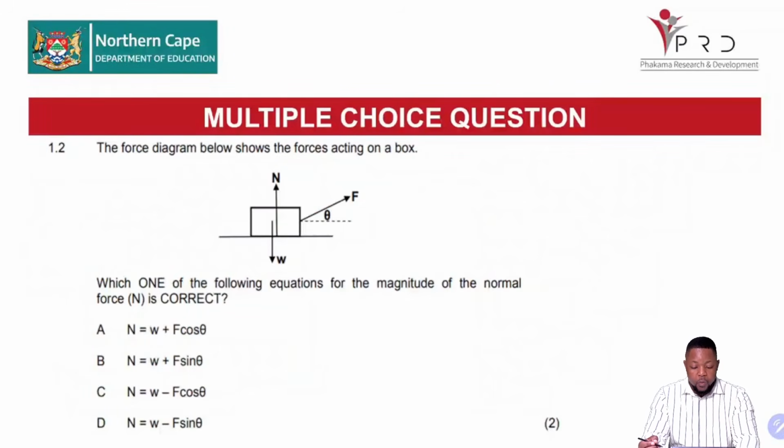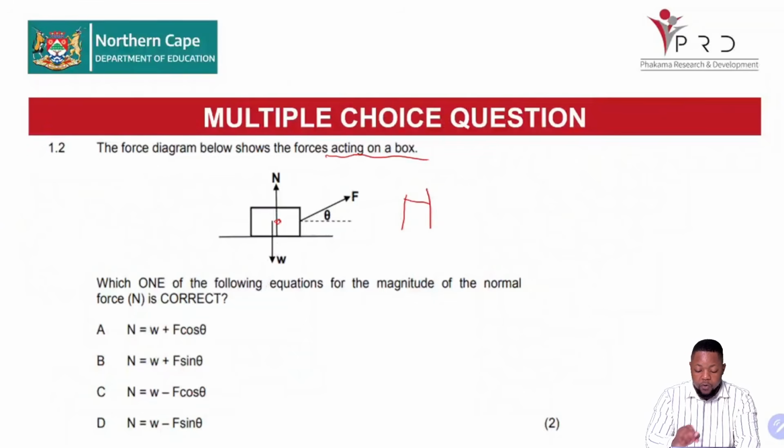Now, what are the multiple choice questions that we can expect in Newton's laws? Let's look at 1.2. The force diagram below shows the forces acting on a box. Now, we have a box here with forces: gravitational force, normal force, and the force acting at an angle. You will recall we have talked about how to calculate a normal force when there's a force acting on the box at an angle.